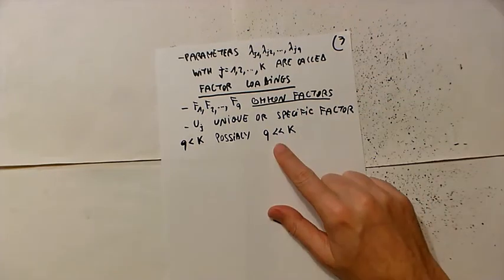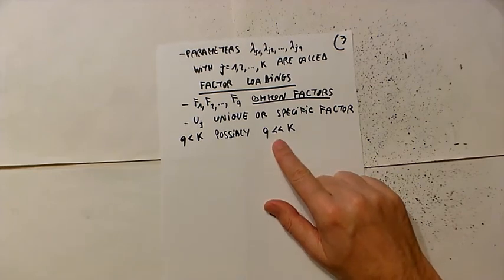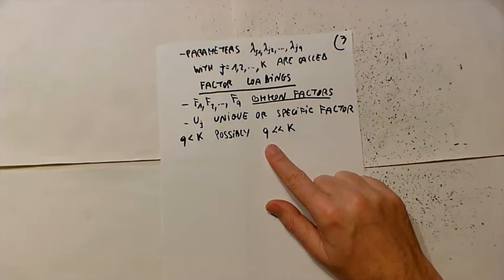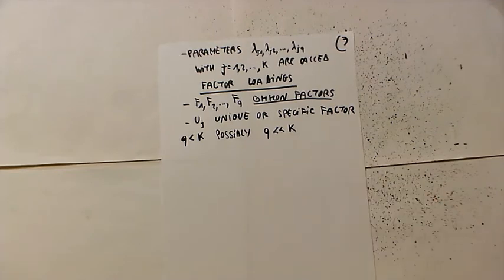The greater the difference between k and q, the higher the effectiveness of the summary of the information through the application of factor analysis.